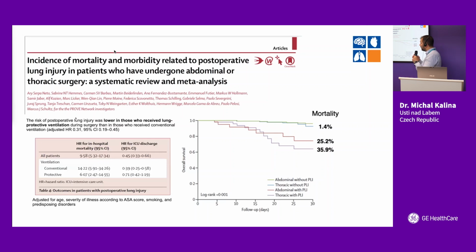And as you can see, the impact for the patients is huge, because this is a mortality and morbidity study proving that patients that suffered with PPC, that were undergoing abdominal or thoracic surgery, had significantly lower overall survival. We can compare. These are the patients without PPC.